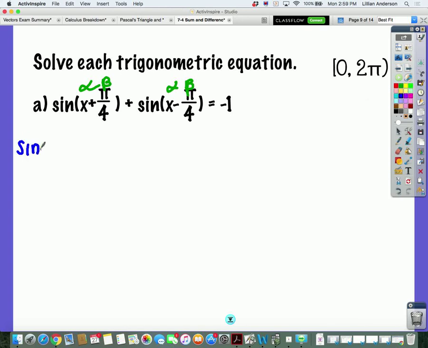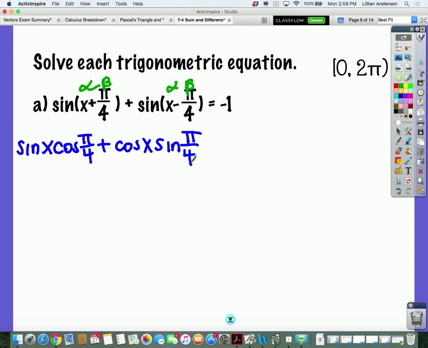It says sine alpha, cosine beta, plus cosine alpha sine beta. And granted, I am saying alpha and beta, but I'm writing in what alpha is and what beta is. That's the first part. Is everyone okay?